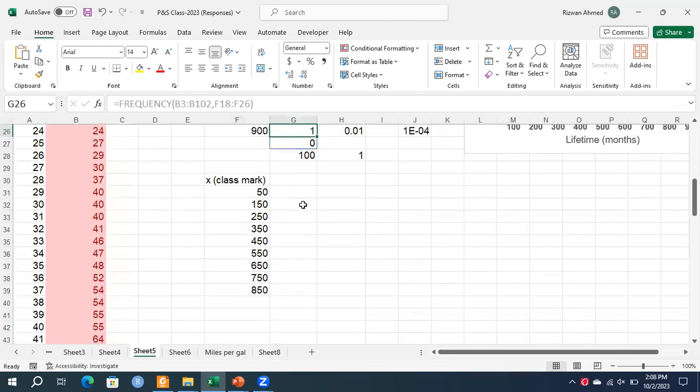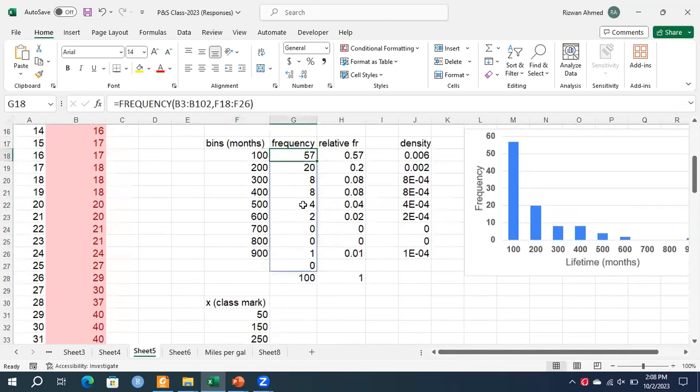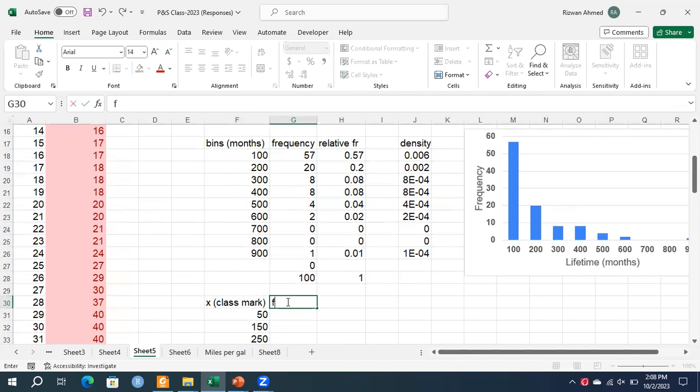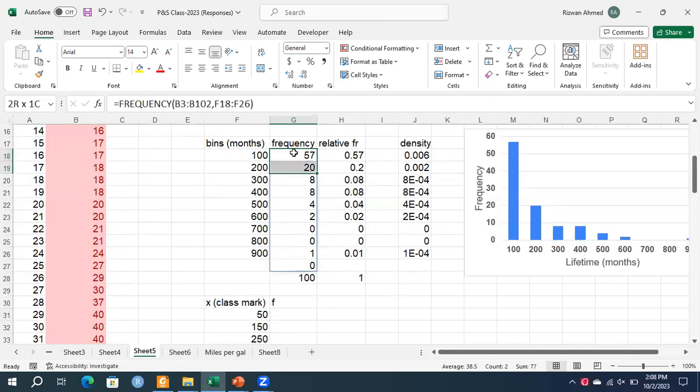I pick up the same frequency numbers, copy these numbers and paste them.